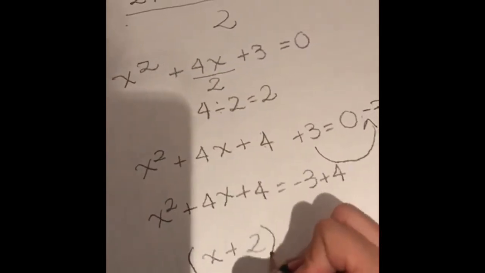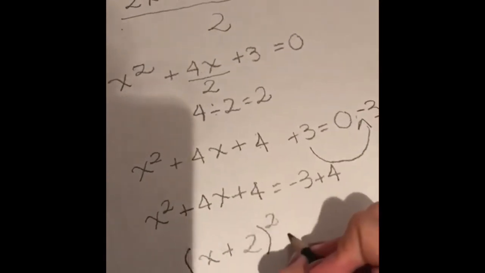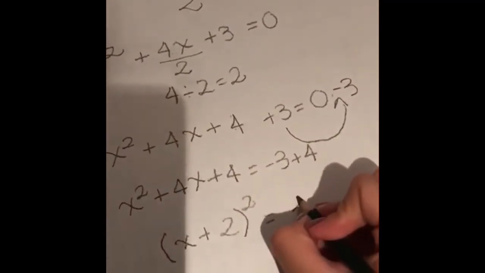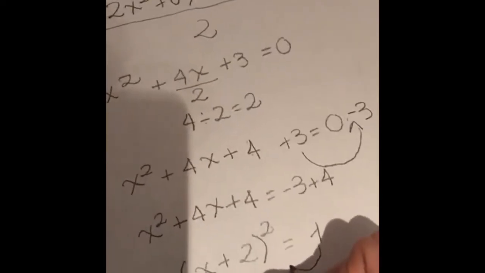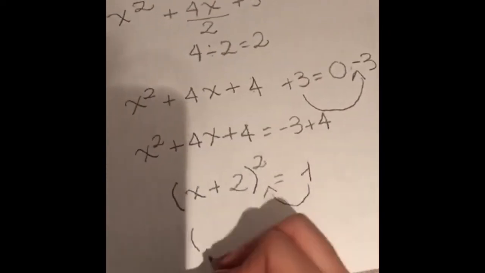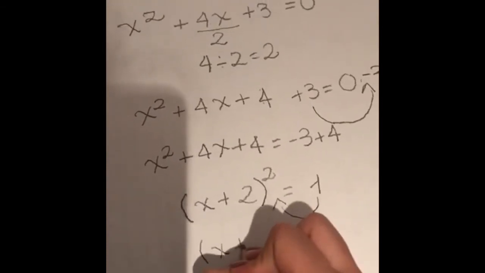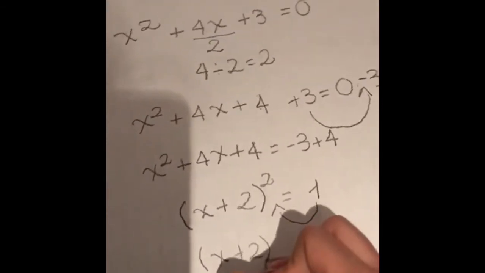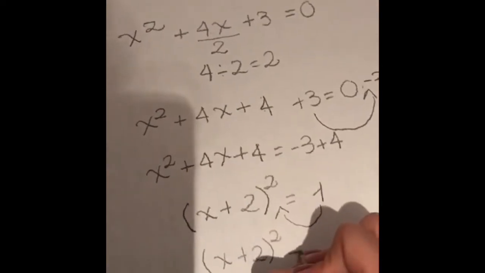Then we write it in perfect square form, and it's going to be 1, and then we cancel this 1 on both sides, and it's going to be x plus 2 squared minus 1.